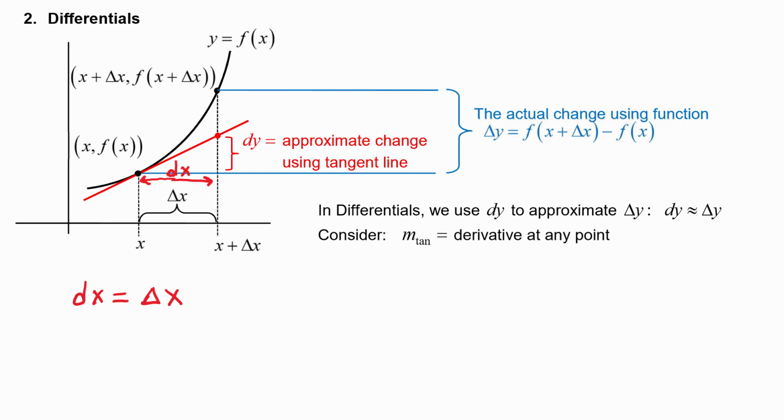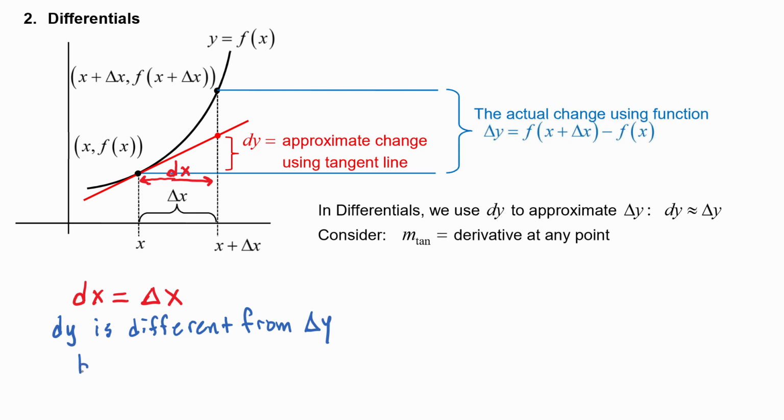What's different is that dy is different from delta y. This is delta y, that's the actual change in the y value. This is dy, which is the approximate change using the tangent line.